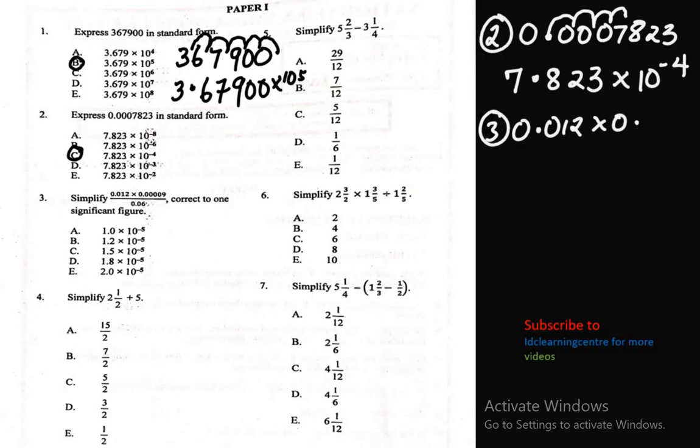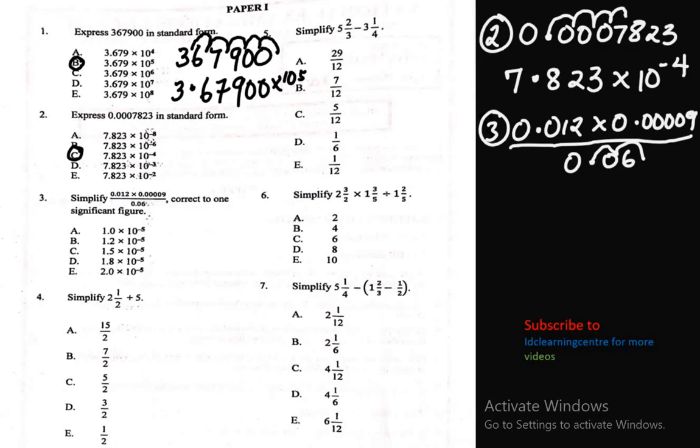How many zeros here? 1, 2, 3, 4. 0, 0, 0, 0, and 9. Now divide everything by what? 0.06. That's division of decimal fractions. It has a rule, and the rule is that you must make the denominator a whole number. So to make this denominator a whole number, we need to move this decimal, place 1, 2.